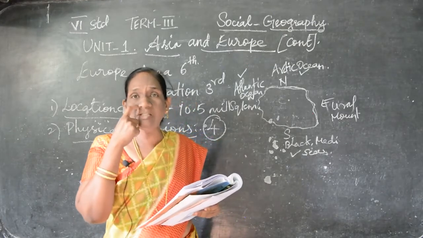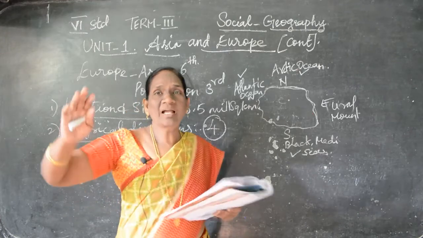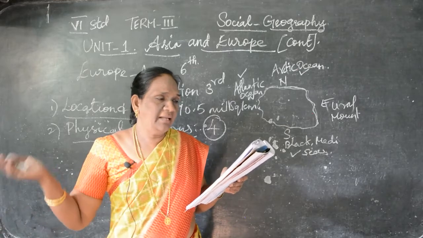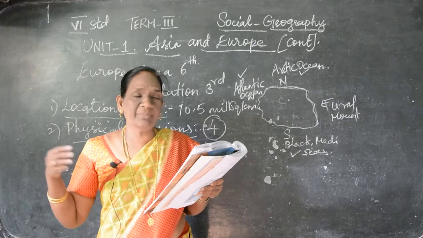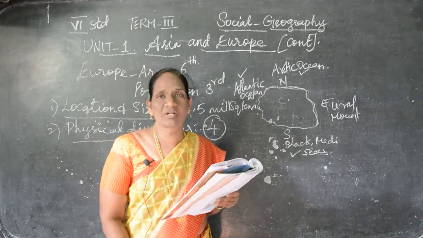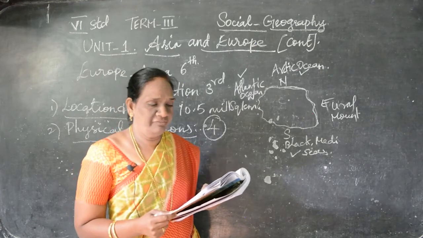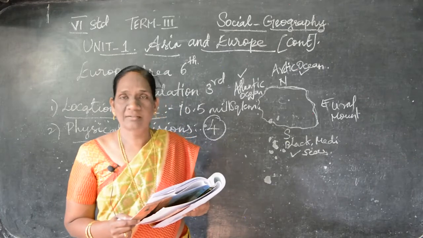Understand? Fjord means on both sides, in the middle the river flows, a narrow and deep sea inlet between steep cliffs. It is called fjords. So it has a beautiful fjord coast, and it was created by glaciers.